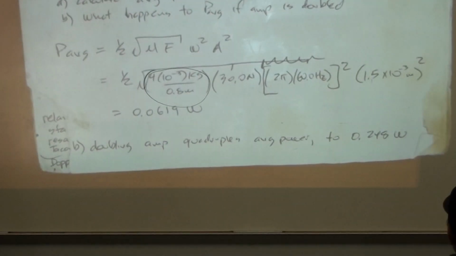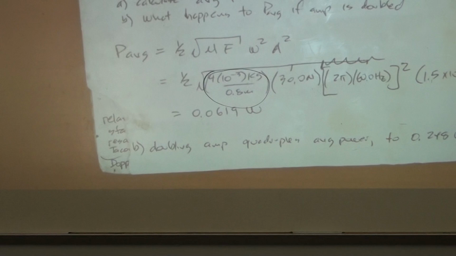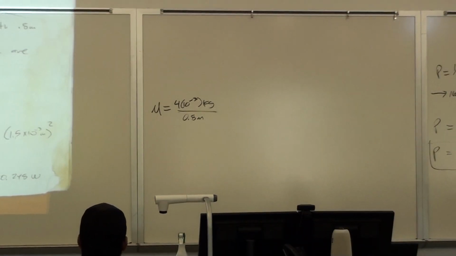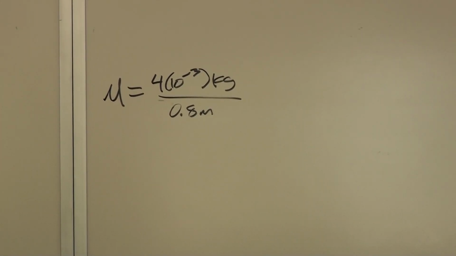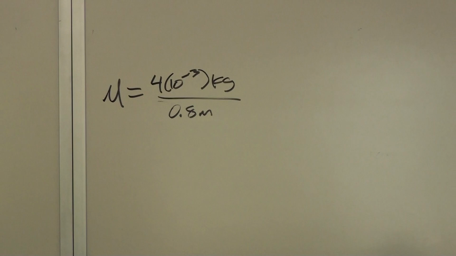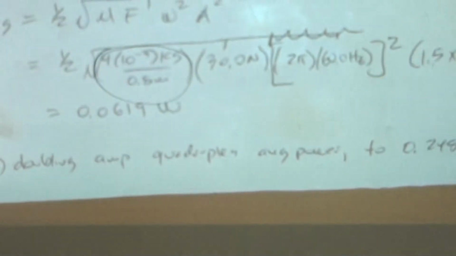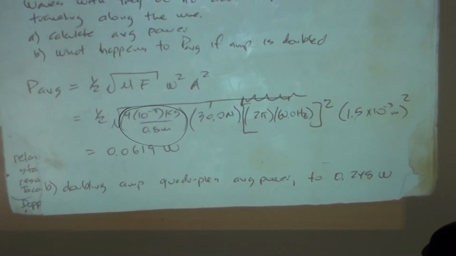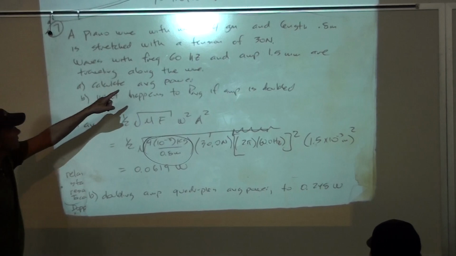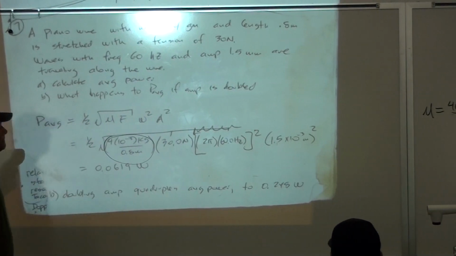That would be a big source of error I found just from grading Physics 208A exams. It's not changing the units, thinking automatically, going to the next step, just taking those numbers and plugging them in and not thinking, am I in meters, kilograms, seconds units? This is not a hard problem as long as you get the units right. Newtons, that's fine, so we're good to go there.